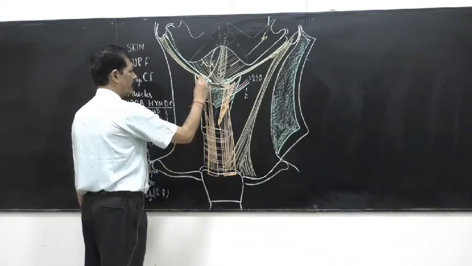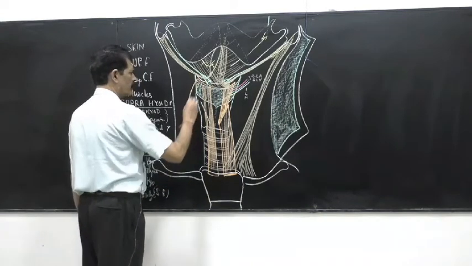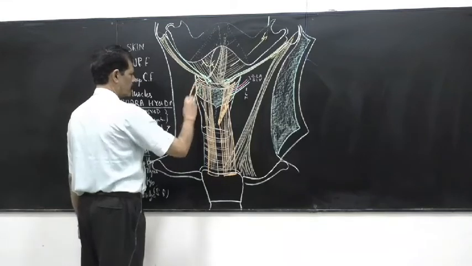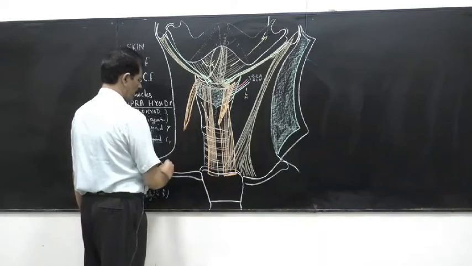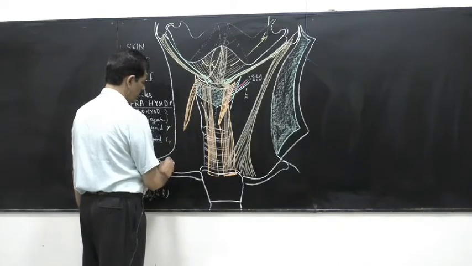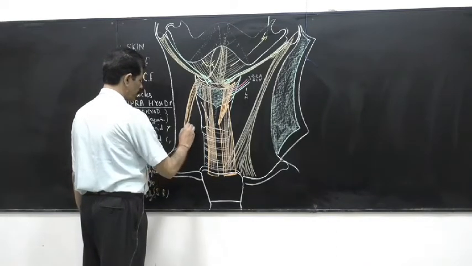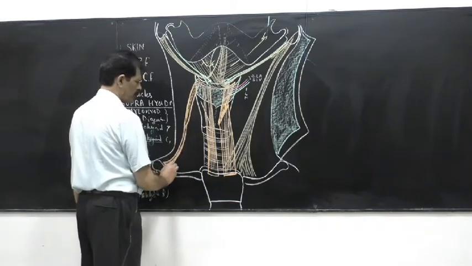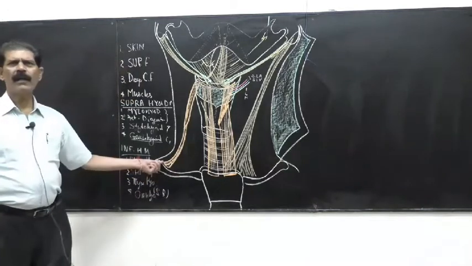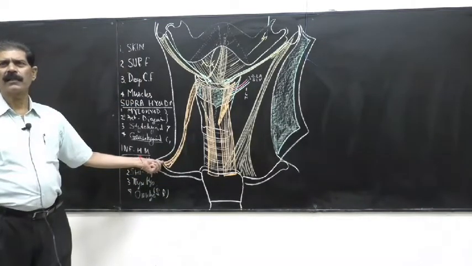Then the omohyoid, the superior belly, and the inferior belly. What is the origin of the inferior belly of omohyoid? Again, 95% of students fail to answer this question.